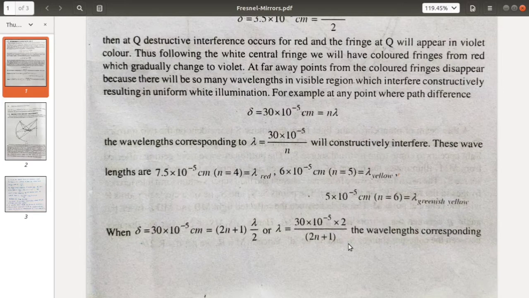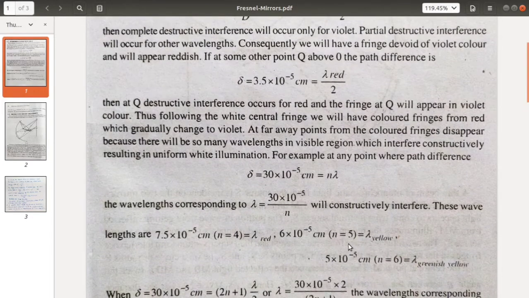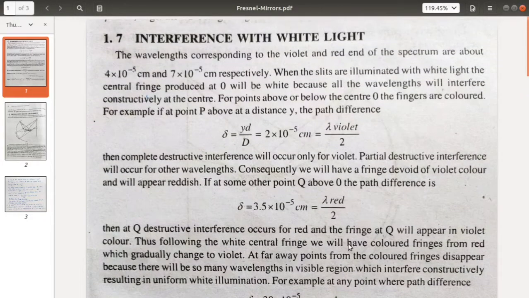So that's what is happening. So in brief, we can say that when we are using white light for producing interference fringes, we will obtain a white fringe at the center and colored fringes on both sides of the central point. These colored fringes will appear on both sides according to the condition of path difference.